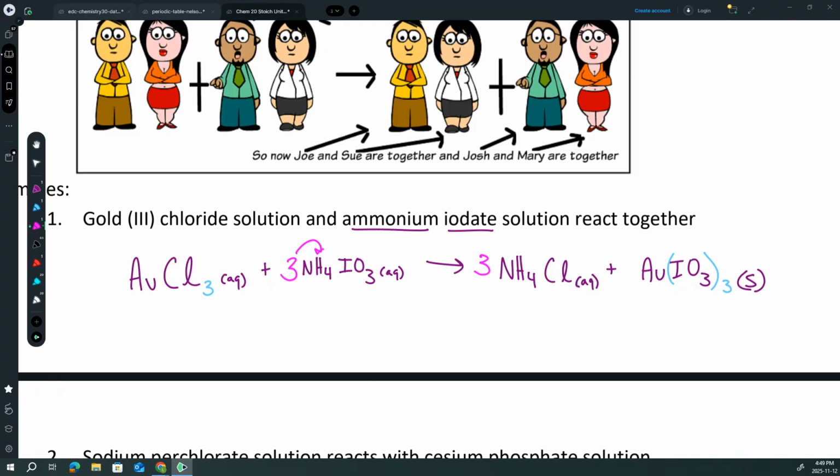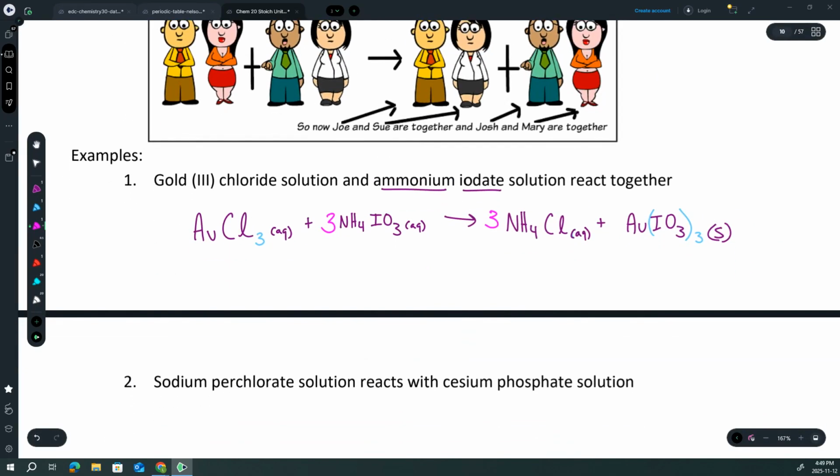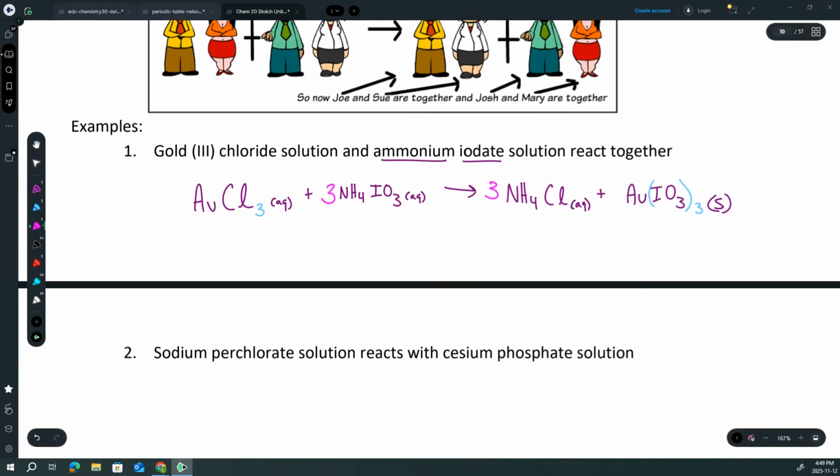That 3 didn't just affect ammonium, it also affected iodate, and there's 3 iodates coming out, 3 going in, so everything is balanced now. Just for single replacement and double replacement reactions, I encourage students to treat polyatomic ions as one unit to make balancing easier. I don't recommend that for formation or decomposition or combustion reactions.